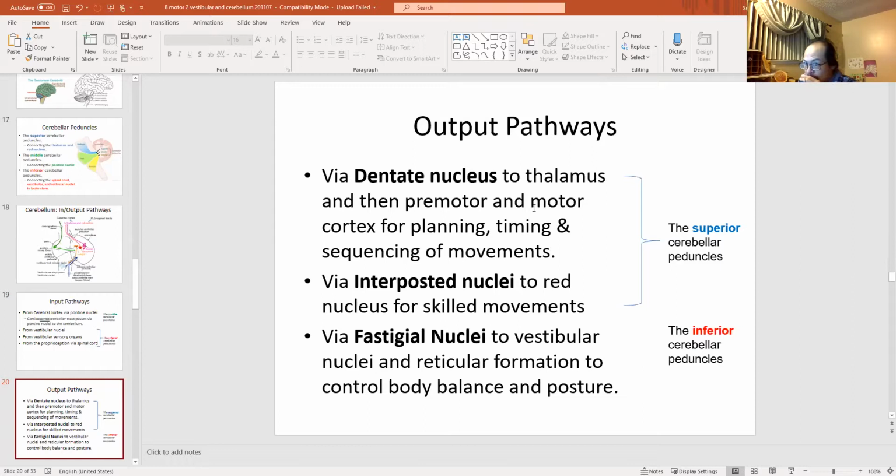And that output has its purpose. Its output is to tell the brain about all this integrated information that the cerebellum has collected. So basically that includes the body balance and the proprioception. This information is important because from the proprioception, it can know how the movement was conducted. Perhaps you try to have a dancing movement, but you fail, right?